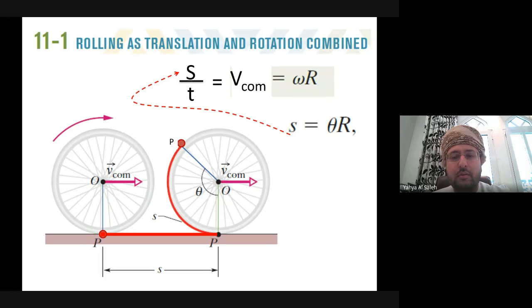So what's going on? Write these down because we're going to use them in the next lecture, in the next slide. For VCOM, it's S over T, and it's the same as omega R. And our S is equal to theta R.